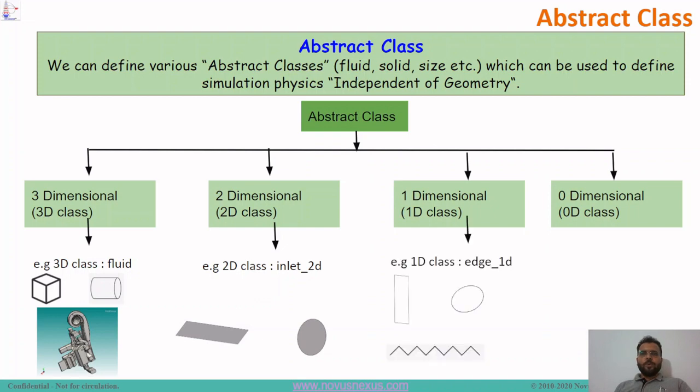The same applies to 1D classes and 0D classes. So in a nutshell, abstract classes are entities which have some specific dimensions, like 3D, 2D, 1D or 0D, but do not have any specific shape. Shape is defined when we use a particular geometry with these abstract classes.